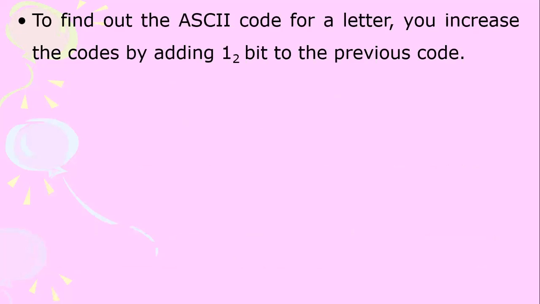To find out the ASCII code for a letter, you increase the codes by adding binary digit 1 to the previous code.